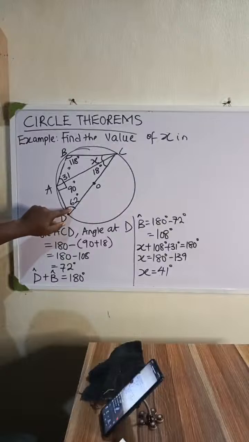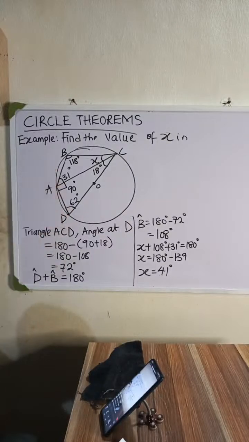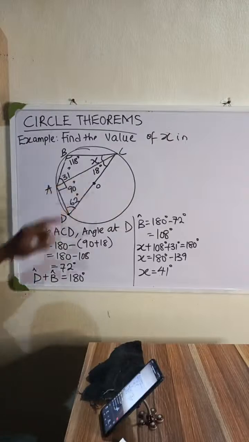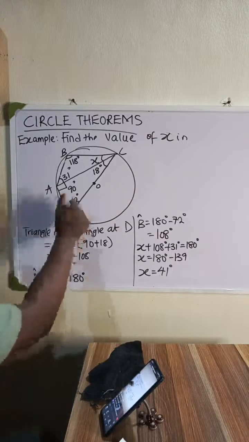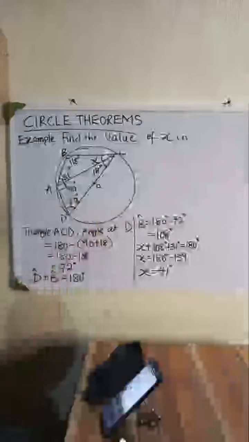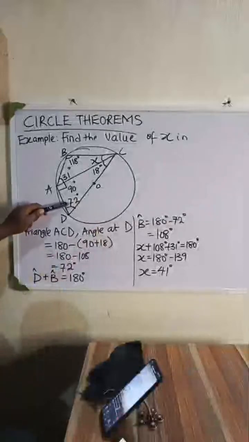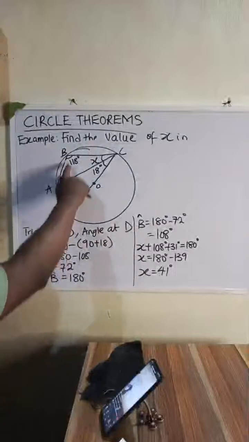There was no angle here, so we observed to find it. We know that this angle is 90 degrees because the angle in a semicircle is equal to 90 degrees. So 90 plus 18, and then you subtract from 180, which gives you 72 degrees. That means this angle here is 72 degrees. So this angle plus this angle should give you 180 degrees.